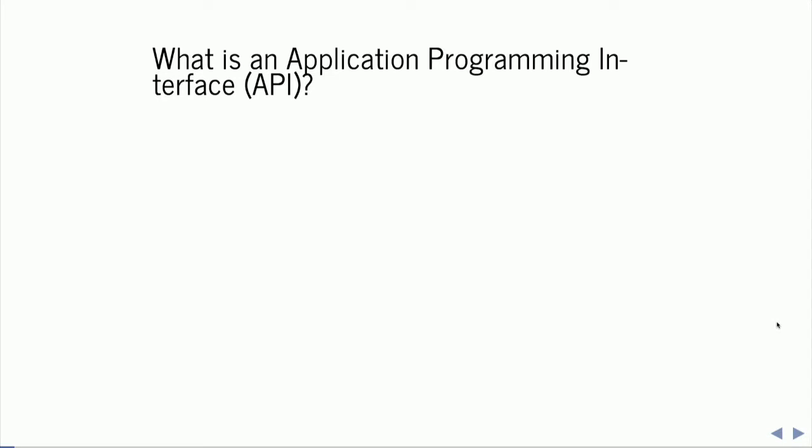So what is an application programming interface? It's a little strange to think of yourself as an app developer, but that's what we're going to have to do to understand how an application programming interface works. Essentially, these are ways of making custom requests for information from some type of data repository online.